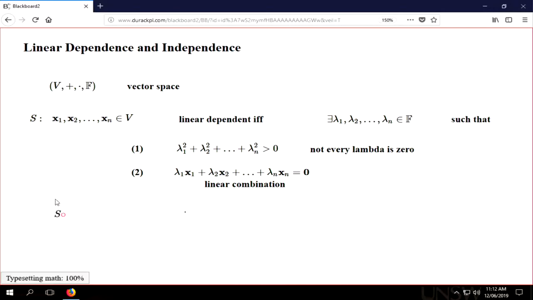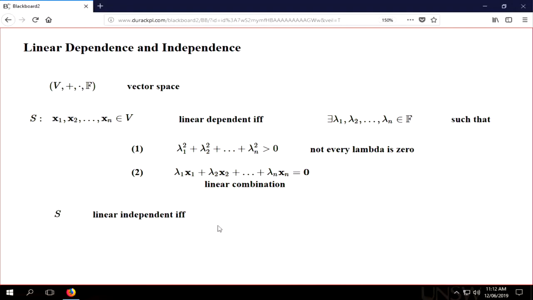There's an opposite definition. A set is linear independent when you cannot make this happen. So when you're unable to produce these n coefficients such that not every one is zero and such that the corresponding linear combination is zero, that's effectively what we mean when we say a set is linearly independent.